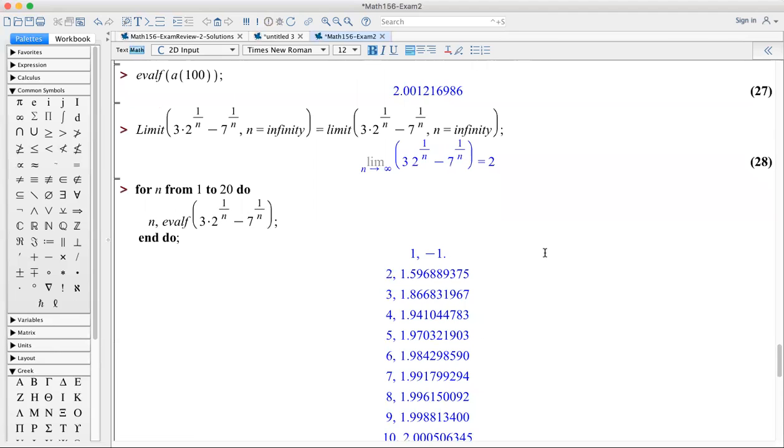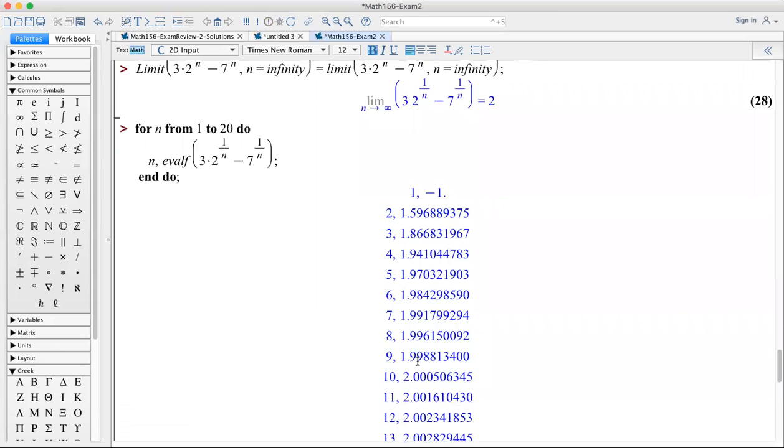And I want to know what's the largest n for which it is less than 2. Well, right here, when n is equal to 9, it's less than 2. When n is 10 or greater, it's above 2. So the largest number is 9.